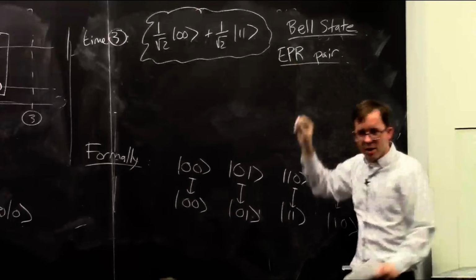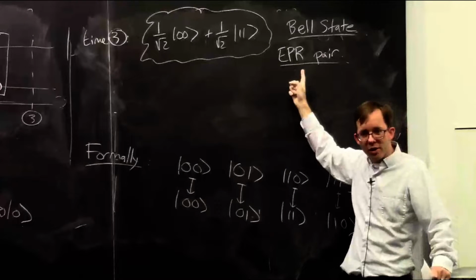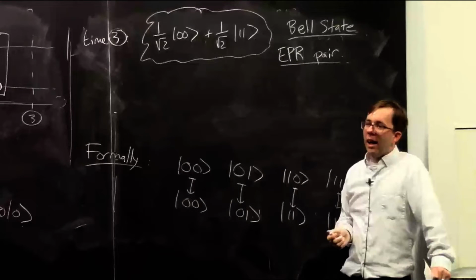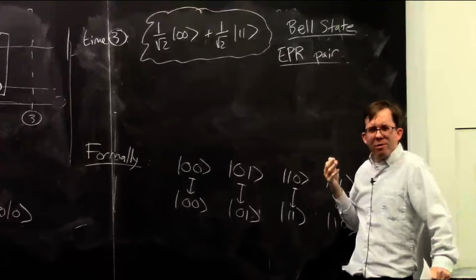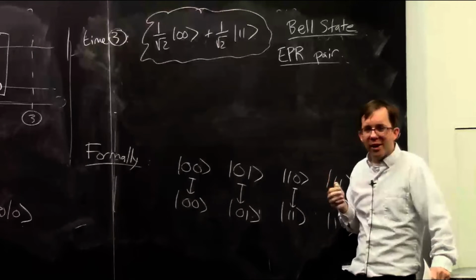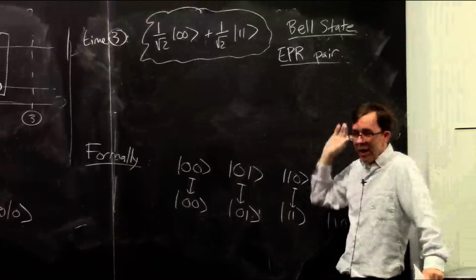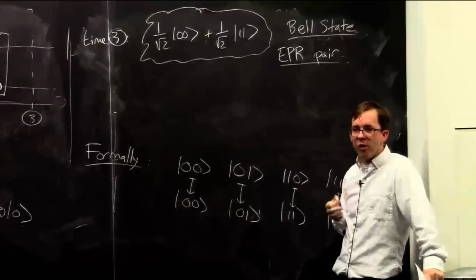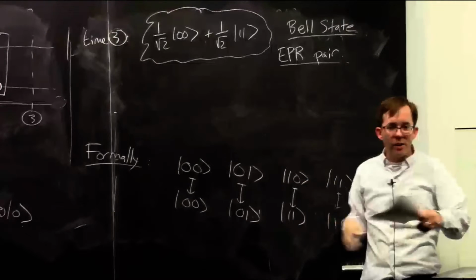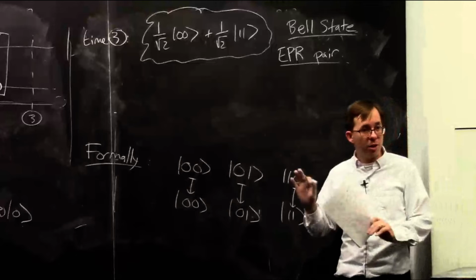EPR stands for 3 physicists, Einstein, Podolsky, and Rosen. They got together, I guess in the 30s, I'm not sure exactly when, to talk about this. They didn't believe that the laws of quantum mechanics were complete. They were unsatisfied with all these weird things involving interaction, entanglement and measurement that we're going to talk about later.